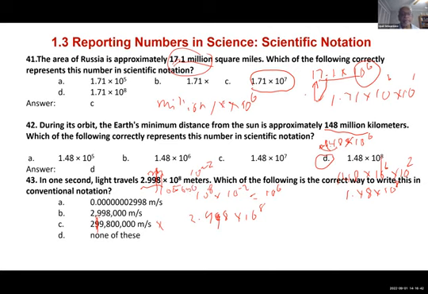There are five zeros. That's the answer. 5 zeros after the decimal place. Yeah. The correct answer is C. Do you see how I got it? Do you have any questions?